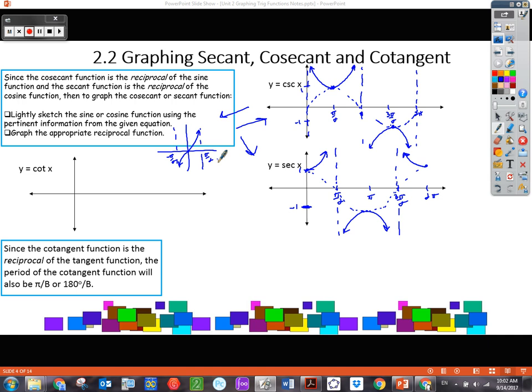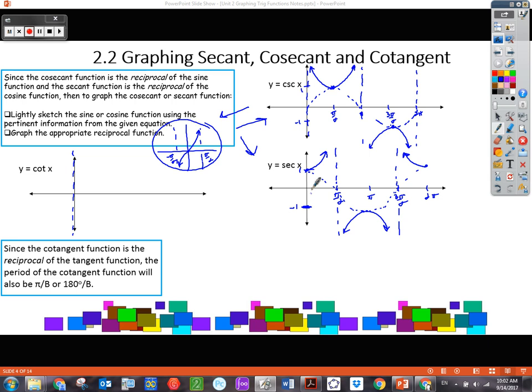So we say tangent starts at negative pi over 2 and goes to pi over 2, or it's one cycle. Cotangent actually starts at 0. Its asymptote is at 0, which actually makes him easier to move around. Tangent, to me, is the hardest one to transform and move around because it's his middle that's at the origin, not his side.